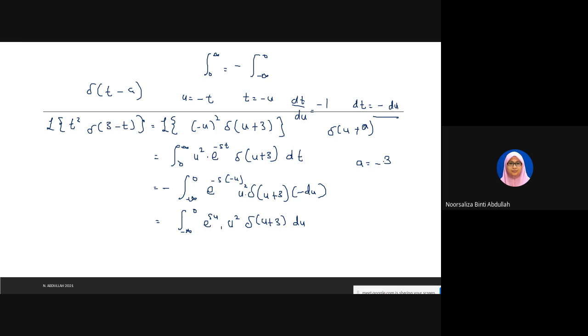Negative 3. So a is negative 3. What is p? p is minus infinity. What is q? q is 0. So is a between p and q? Yes.